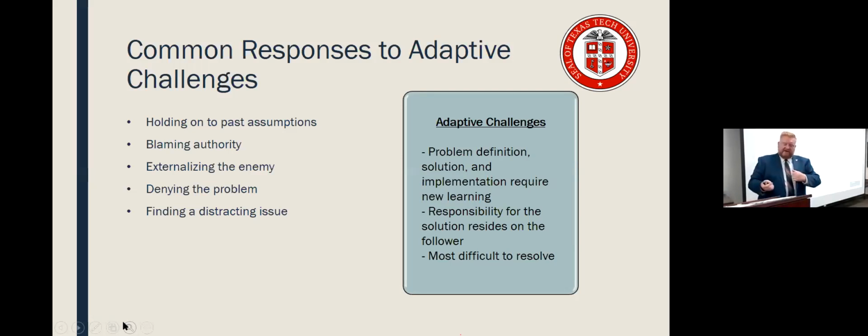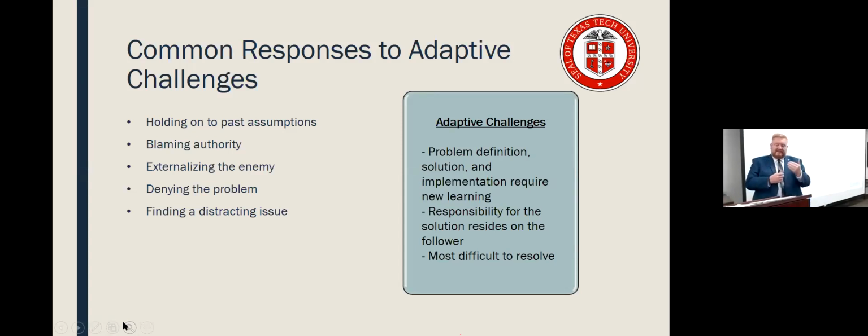And lastly, they may find a distracting issue. I don't know how many of you have pets, but if you have a pet or any animal, they may be very interested in one thing and can quickly lose that attention to focus on something else. And so that's what I call a distracting issue.